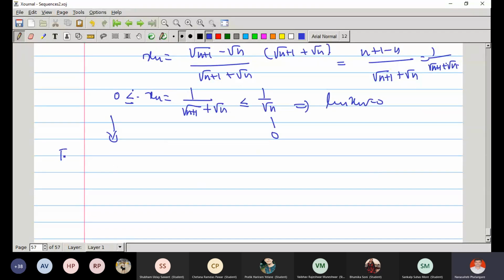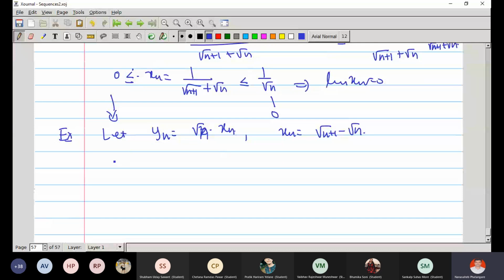So now I want to extend this problem. Let yn be equal to root n times xn, where xn is the previous one, root n plus 1 minus root n. Now I am defining a new sequence: yn is root n times xn, not root 2.